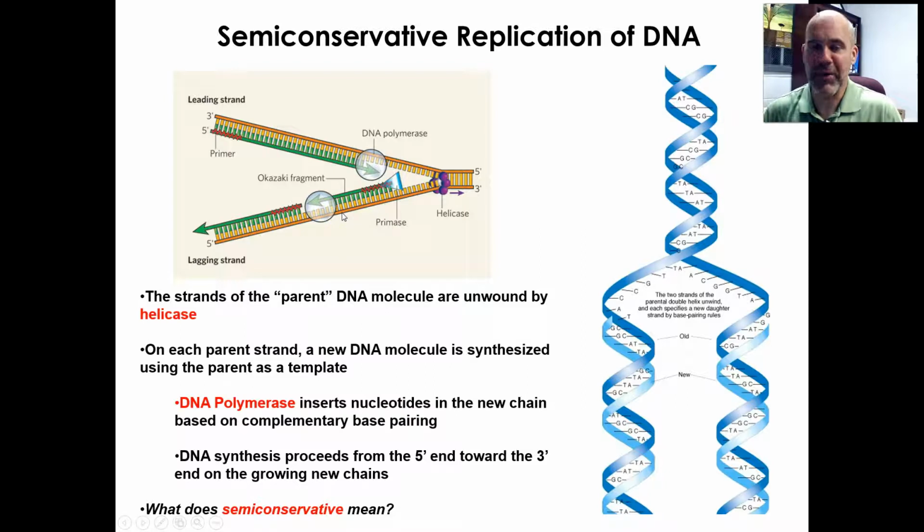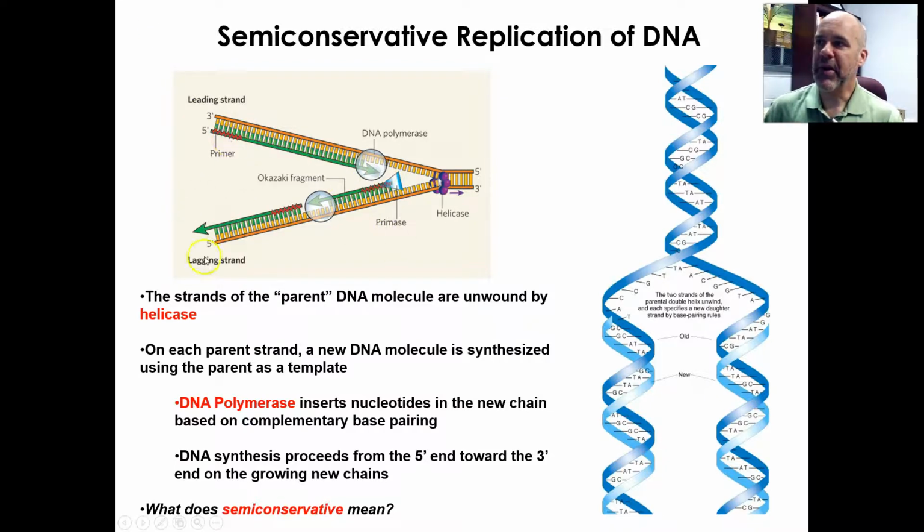I'm not really requiring you to know that, but I wanted to point it out since it's on the diagram. Remember how we talked about the two strands on DNA molecules always being anti-parallel. So 5' to 3' on this one, 5' down here to 3' on this one.